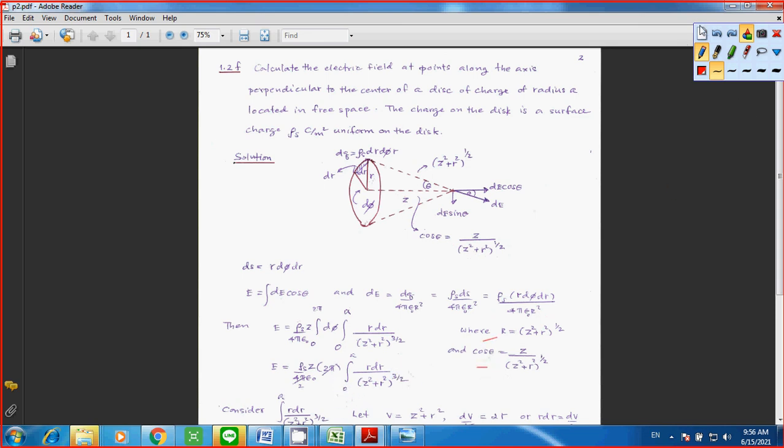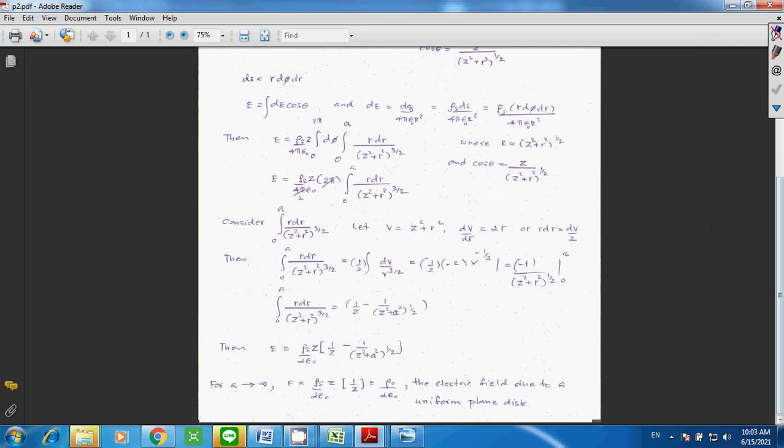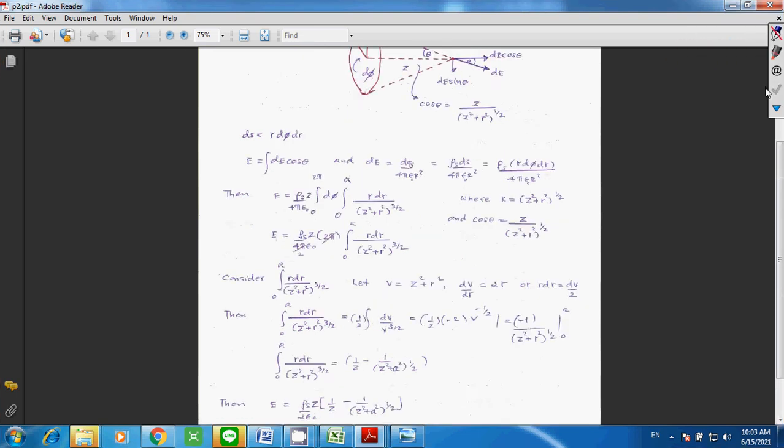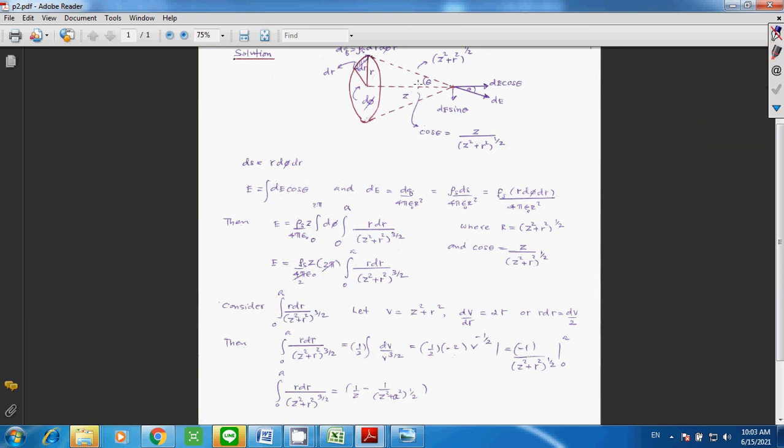So you rearrange the term, you're going to end up with 2 pi cancel out 4 pi, so you have 2 left, and z becomes constant because you integrate with respect to dr, and this one you integrate d phi from 0 to 2 pi, right?